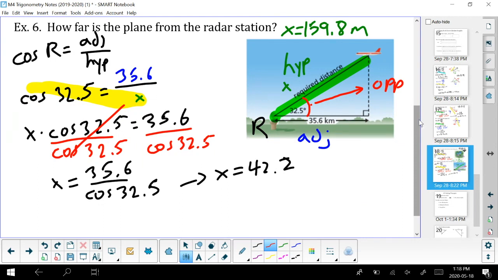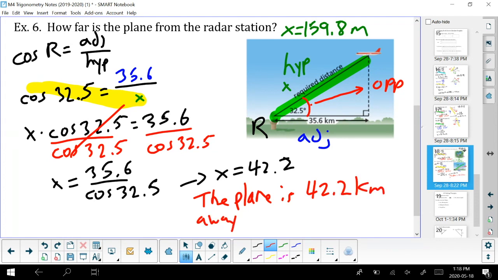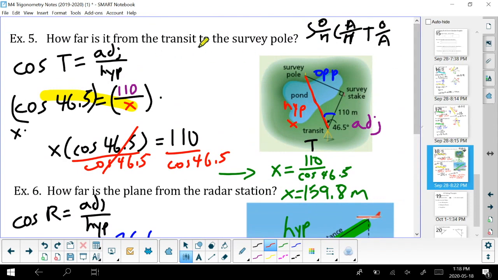So how far is the plane from the radar station? The plane is 42.2 kilometers away from the radar station. And for our previous question, how far was it from the transit to the survey pole?